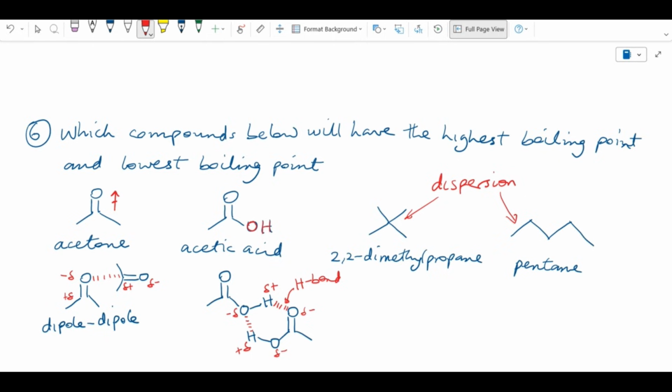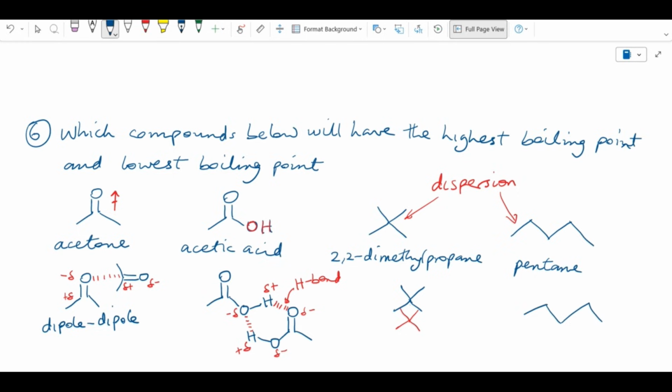Now, the more branches you have, the less surface area of contact and less dispersion interaction you would have. For example, if you have two molecules of this, the branch will limit the surface area of contact.